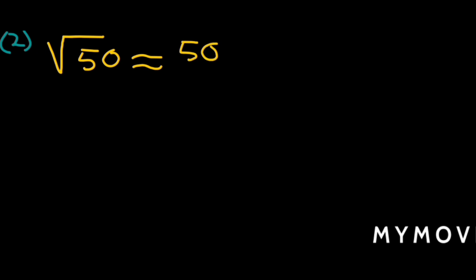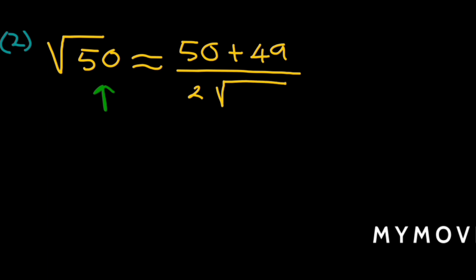Find the square root of 50. So the square root of 50 is approximately equal to 50 plus the closest perfect square. Well, we have 49. 49 is much closer to 50 than 64, right? So 49 is our closest perfect square. So over 2 times the square root of 49.